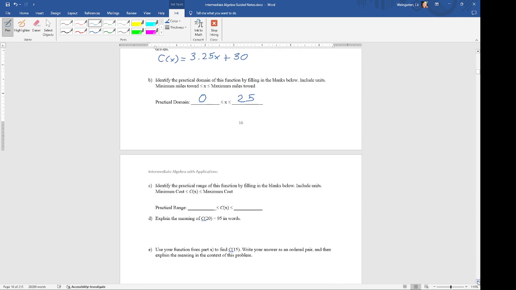Identify the practical range of this function. So again, we're going to put 0 in our function that we created. And we're going to get 30 for the minimum cost. We're going to put our highest number, 25, I'm going to need a calculator.